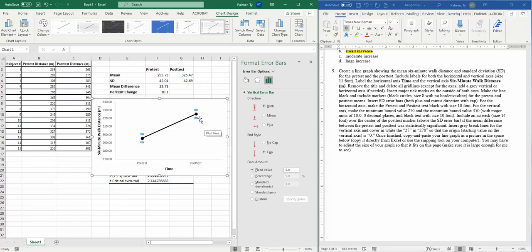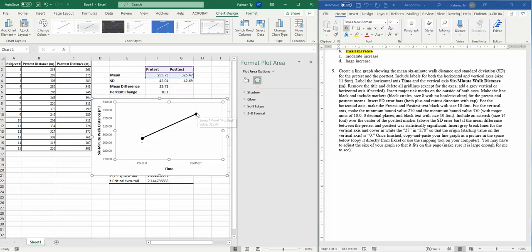That just means that there's error bars going in the upwards direction, the plus direction. There's also error bars going in the downwards direction, or the minus direction. Again, you can see that there, right? There's an error bar going up, there's an error bar going down at each one of our markers. And so that's what we want. These standard deviation error bars, we want both plus and minus direction.